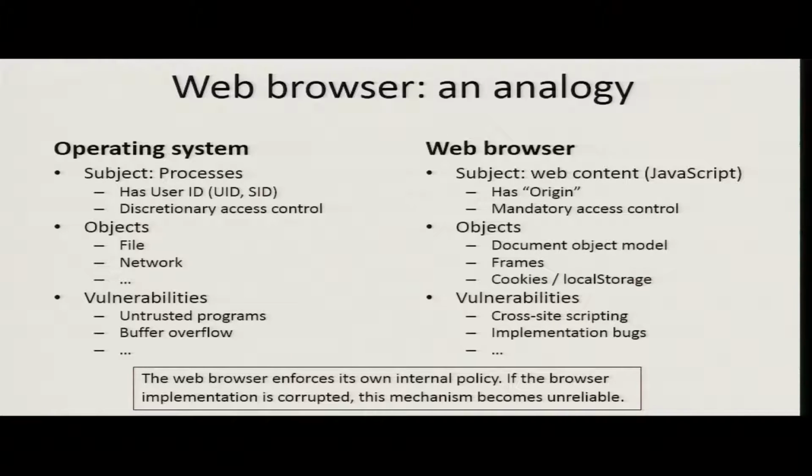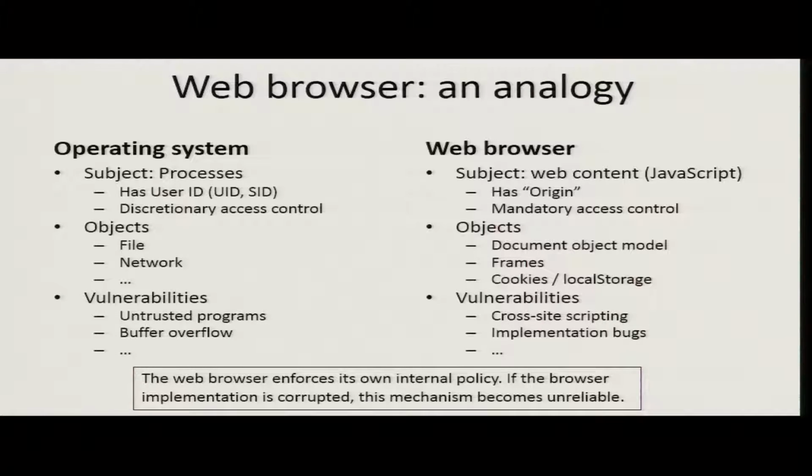The objects in operating system are files, network resources such as sockets and so on, and vulnerabilities are that we often download programs and we often get programs which are buggy. So, untrusted programs, and the kind of things that we see in untrusted programs are buffer overflow, integer overflow, and so on and so forth.